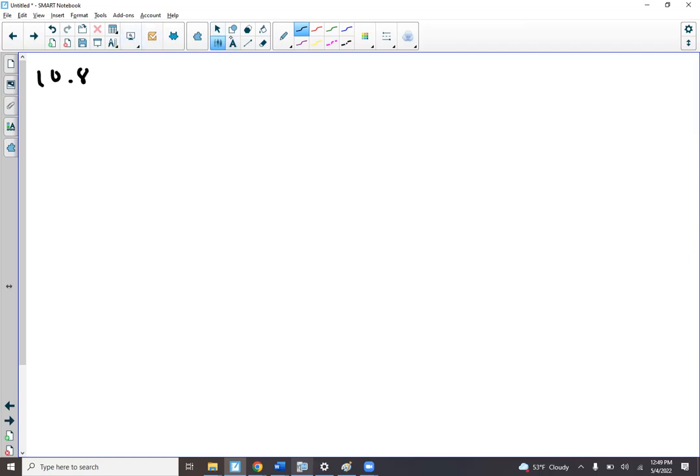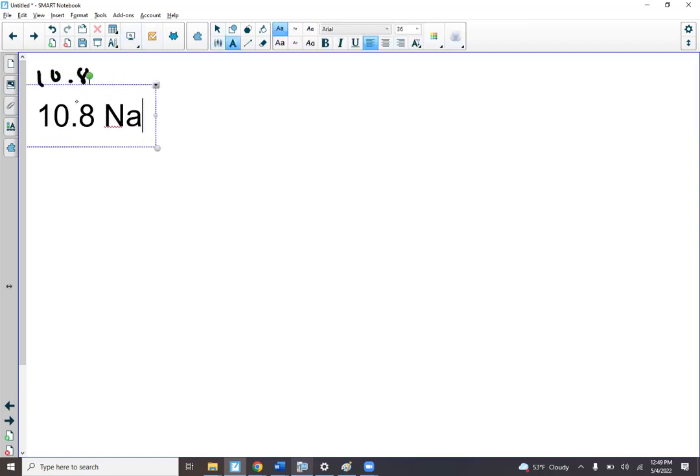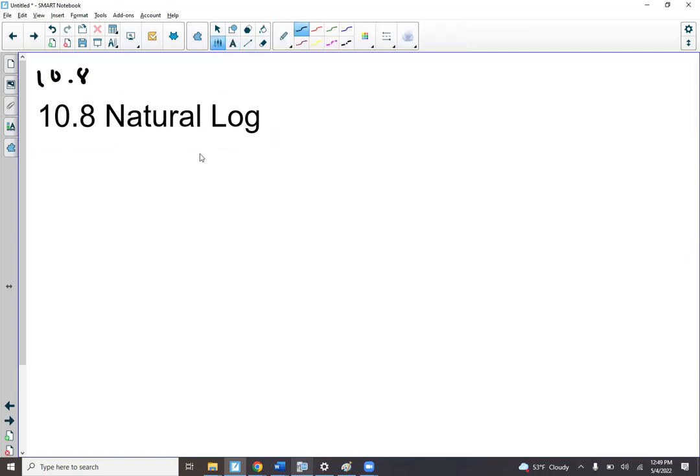10.8, natural log. So the natural log is nothing too special. It's just that the e value has a very special value, which is like 2.71828.